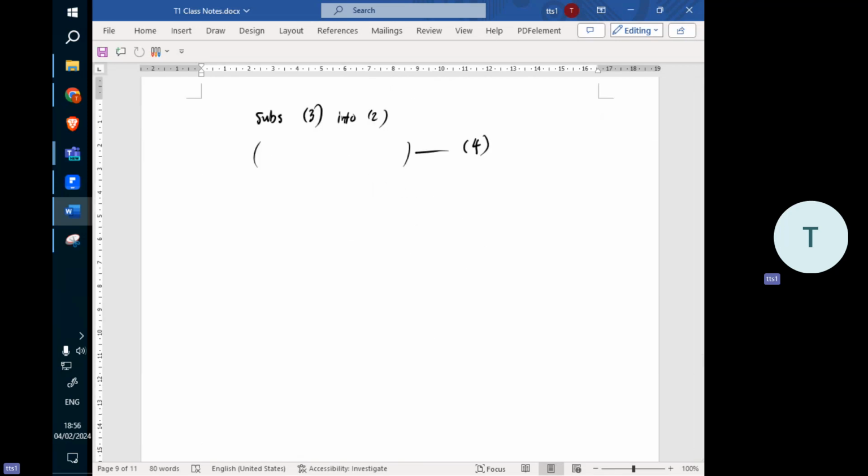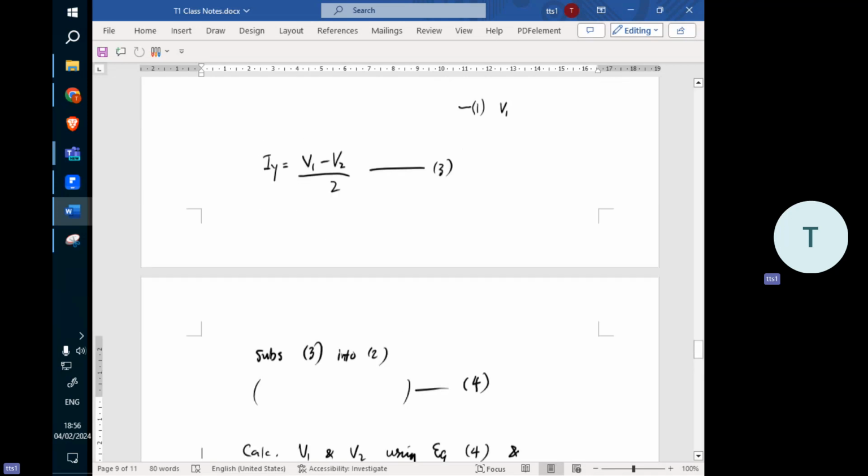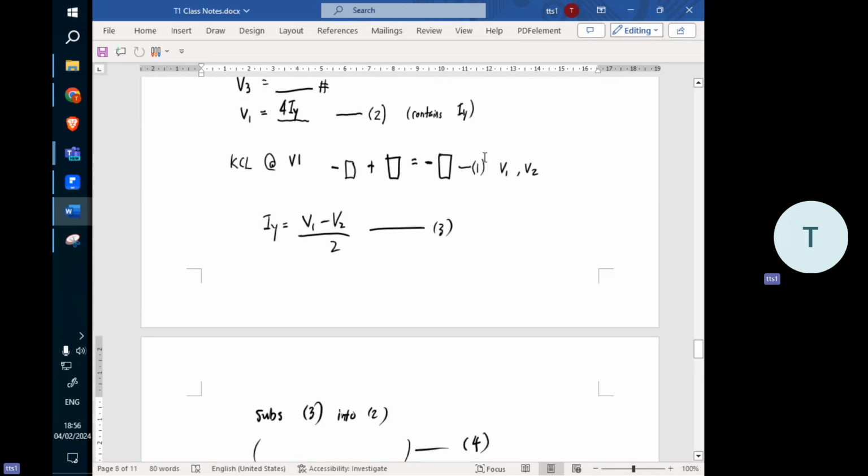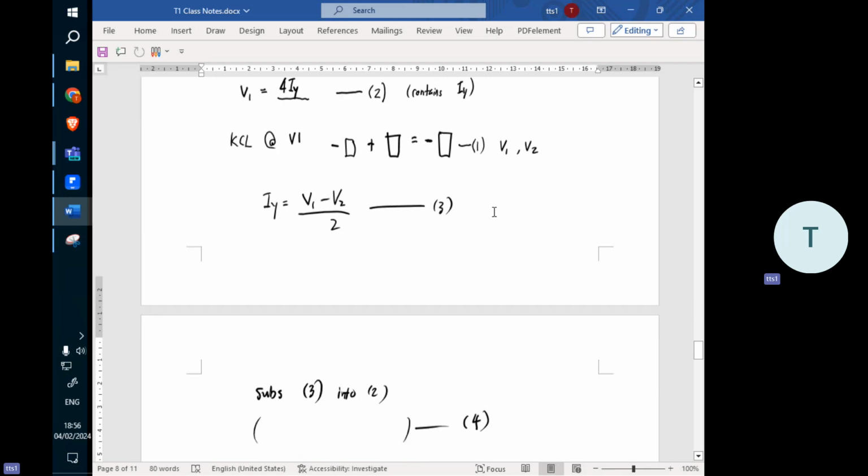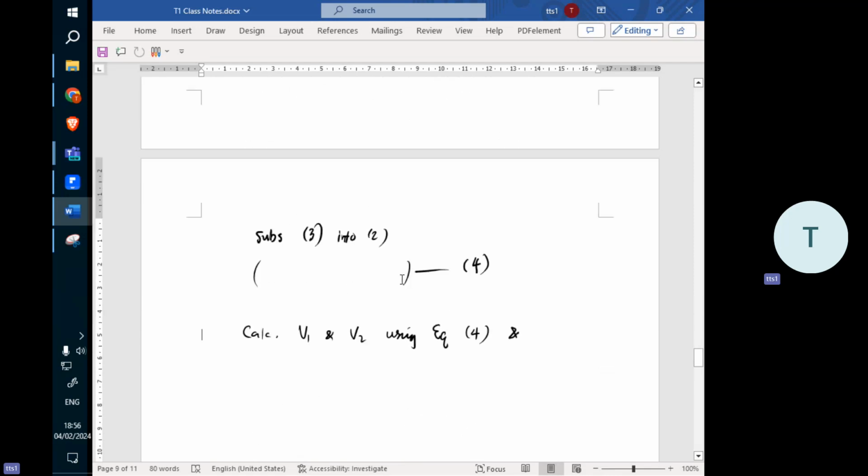And then the last step you need to do yourself. Determine V1 and V2 using equation 4 and 1. Because equation 1 contains V1, V2. Equation 4 also contains V1, V2.